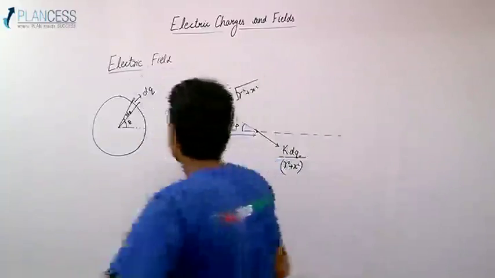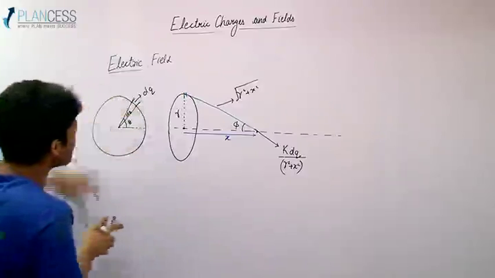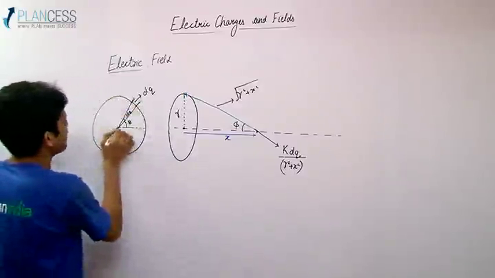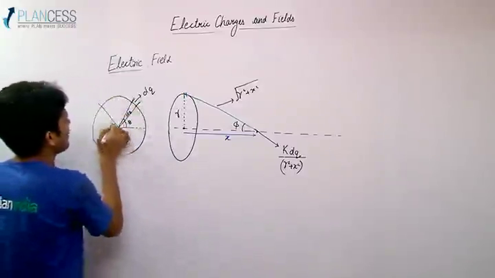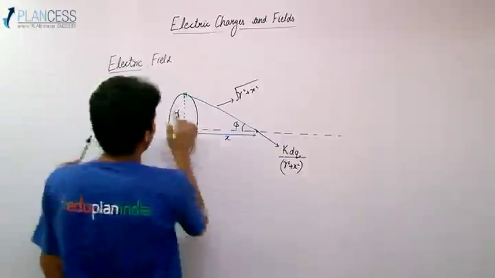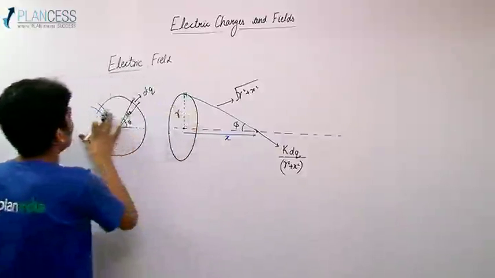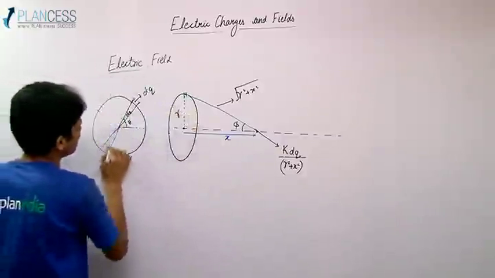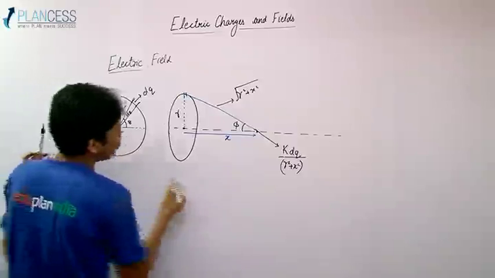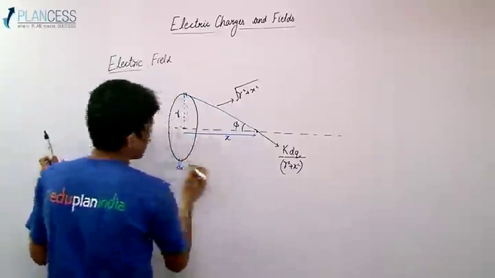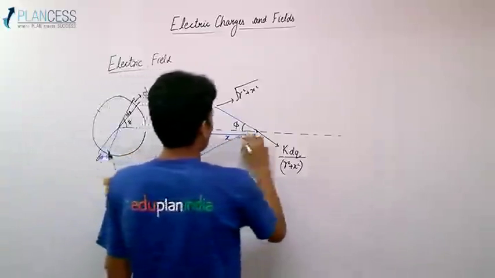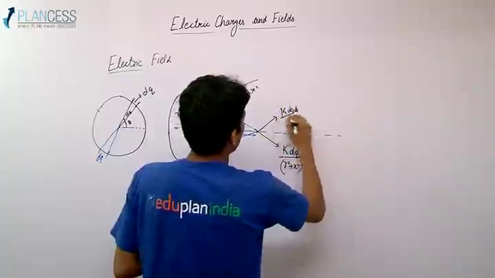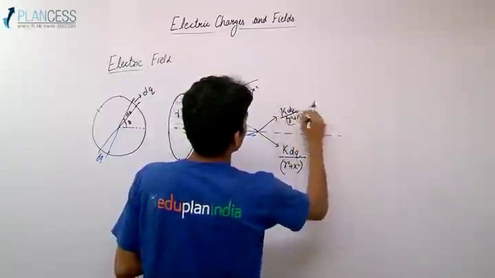Now see carefully, as theta varies in this figure, the element which we are considering moves, let's say, diametrically opposite. Here is dq, and somewhere there will be another dq, and it will again put up an electric field here, that is k dq upon r square plus x square.